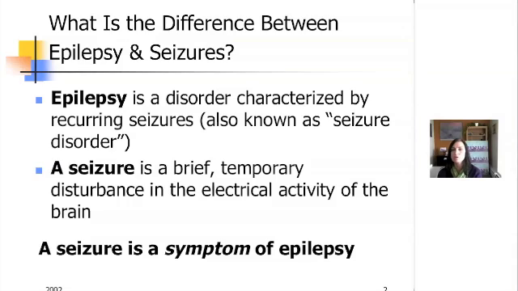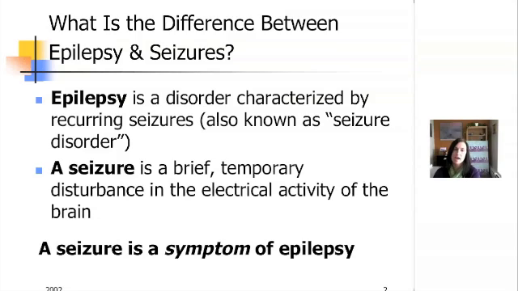Sometimes doctors will use the word seizure disorder and never really use the word epilepsy, and so the person may not know that it's epilepsy. Or sometimes epilepsy has more of a stigma to it, and so maybe people don't want to call it epilepsy and they're more comfortable using seizure disorder, and that's fine. People can call it whatever they want between those two terms, but just know that it really does mean the same thing.